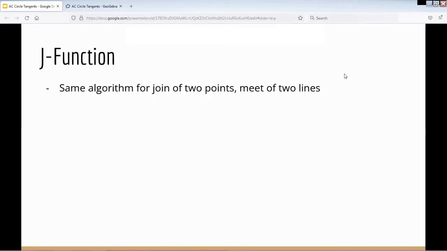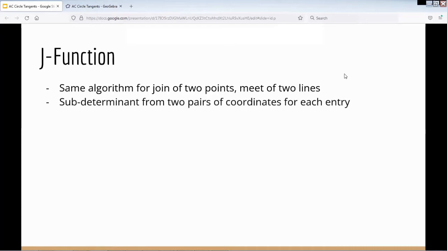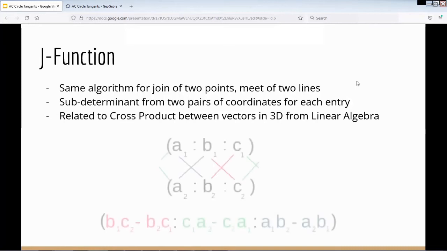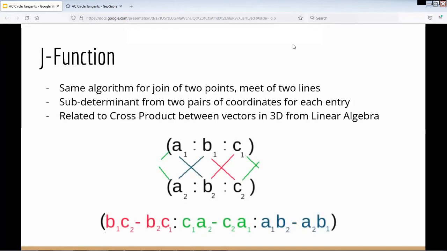This is one of the really powerful things about projective homogeneous coordinates. You'll see it involves a kind of determinant from taking two pairs at a time, and it's strongly related to some ideas in linear algebra, but I won't really go into that here. So this is what it looks like.